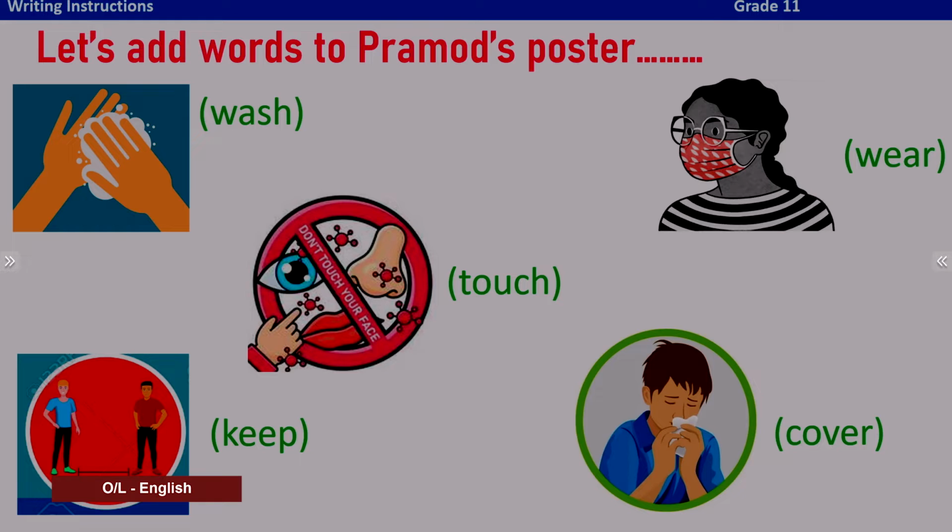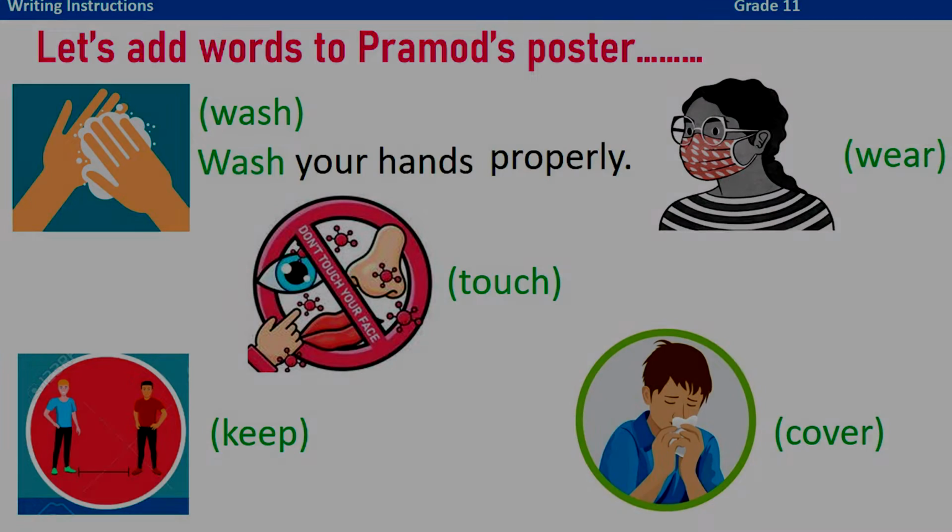Children, I am going to write the first sentence with you. The verb wash is given here. So you have to start the instructions with the verb wash. Wash what? Wash your hands. How? Properly.